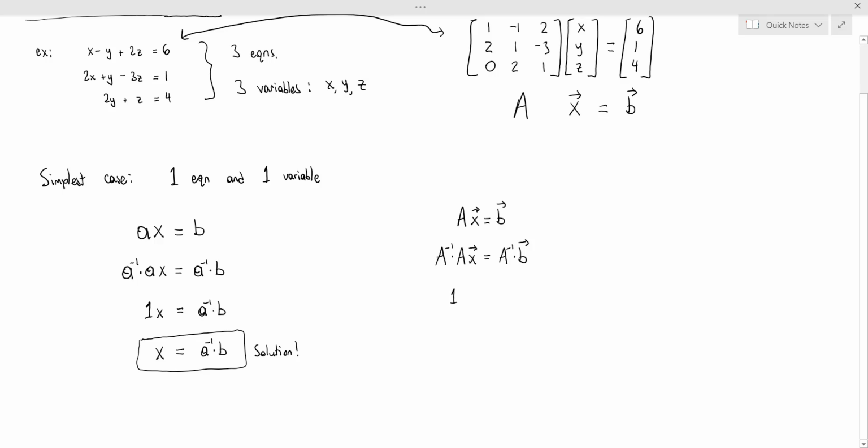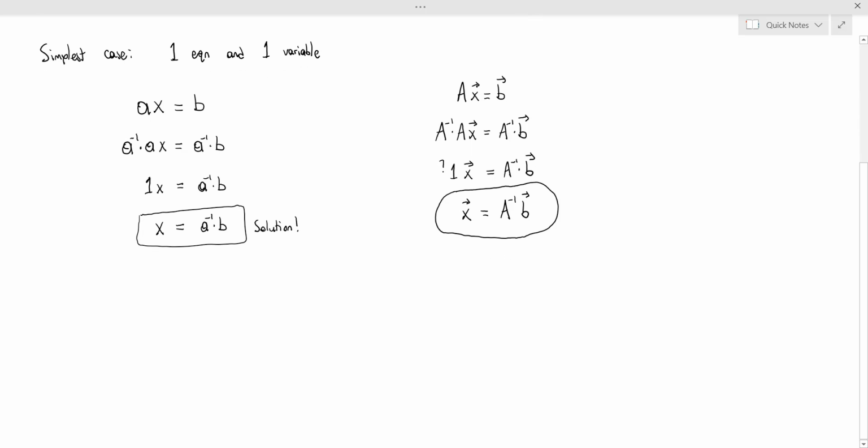So I'll put the number 1 here, but I'll maybe put a question mark as well. We'll get to that. But something like that would happen, and then 1, or whatever that is going to be, times x, we'd want that to just be equal to x, so that in the end, we could say that the solution to our equation is given by A inverse times the vector b.